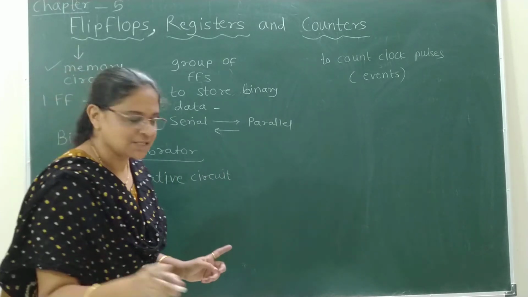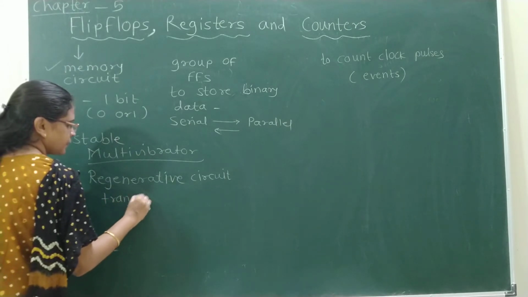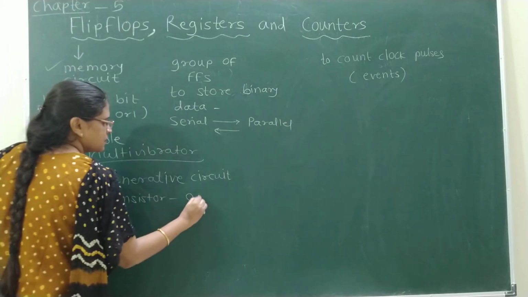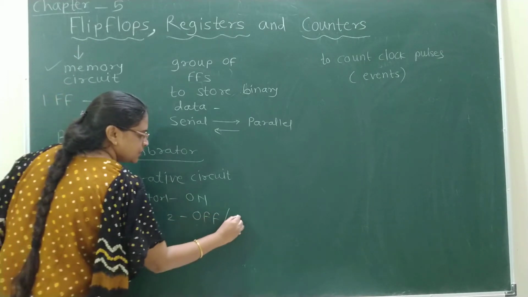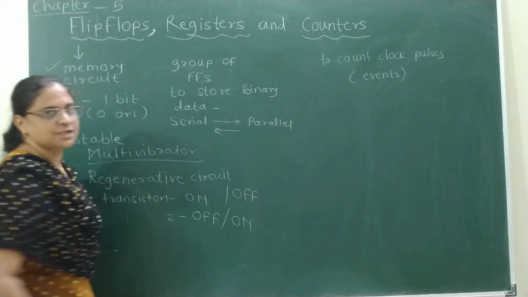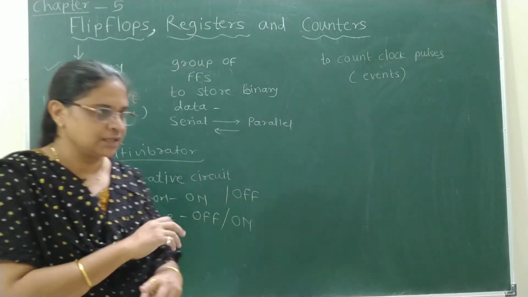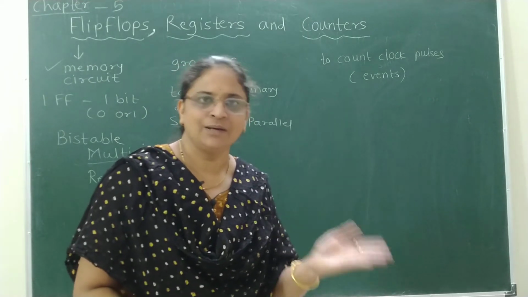For example, transistors. When one transistor conducts, the other transistor goes off, and when the other goes on, the first goes to the off state. Like that, one after another, they keep making the output high or low.